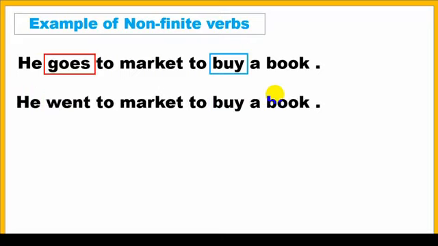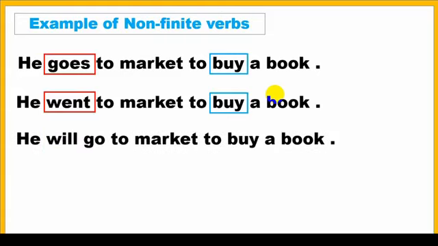Look at another sentence. He went to market to buy a book. Here we have also two verbs. The first verb is went and the second verb is buy, and the sentence is in past tense. Here the subject he is third person and singular number.